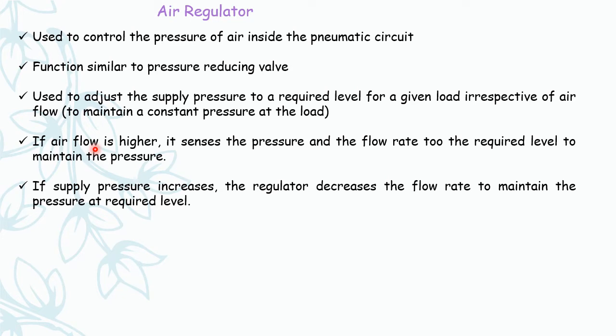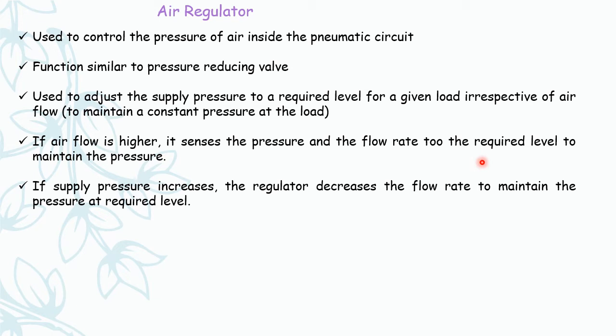If airflow is higher, it senses the pressure and the flow rate, and the required flow rate is maintained at constant pressure. If supply pressure increases, the regulator decreases the flow rate to maintain the pressure at the required level.